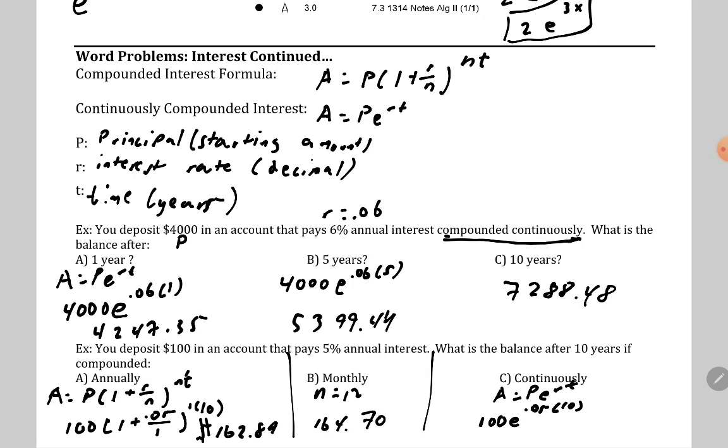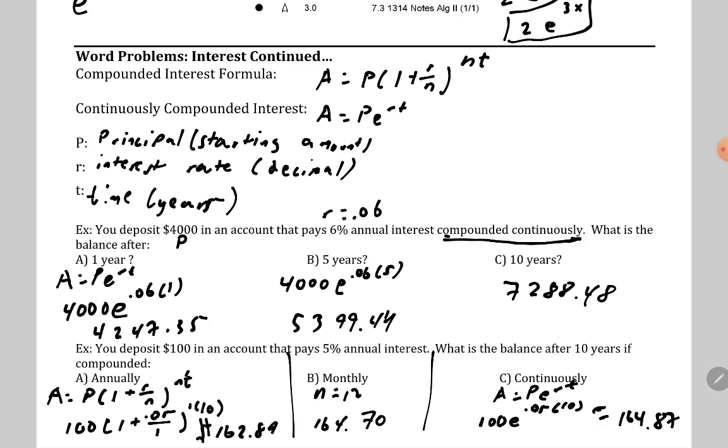So 100 times e to the 0.05 times 10, or 0.5. And that'll give us about 164.87.